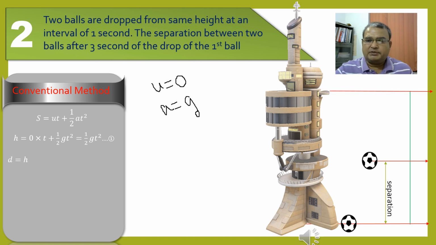Then the separation d is nothing but h1 minus h2, which is half g (t1 square minus t2 square). What are h1 and h2 here?